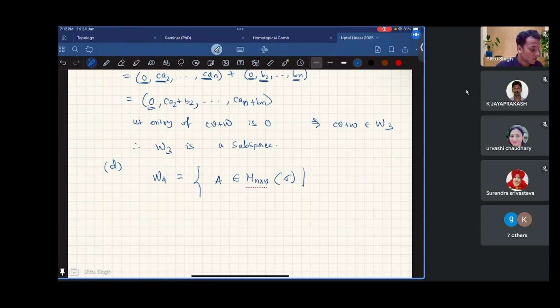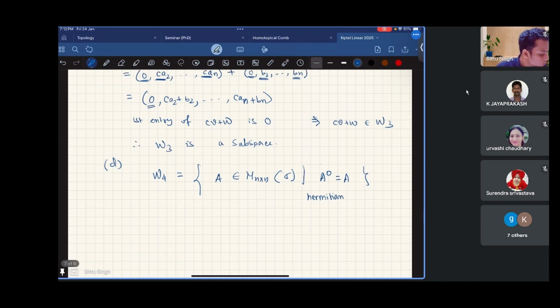What is the definition of a Hermitian matrix? Hermitian means A-star is the same as A. A-star means, the definition is, take the conjugation and do the transpose.